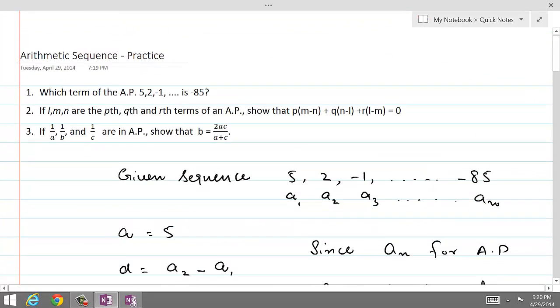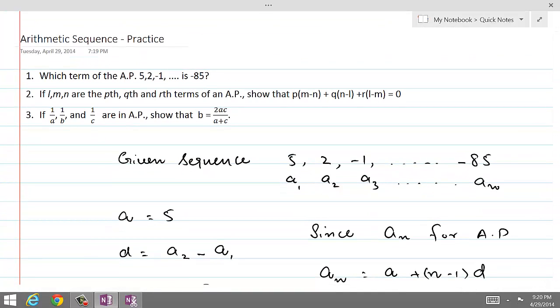For the next question, we are given that L, M and N are the pth, qth and rth terms of an AP.